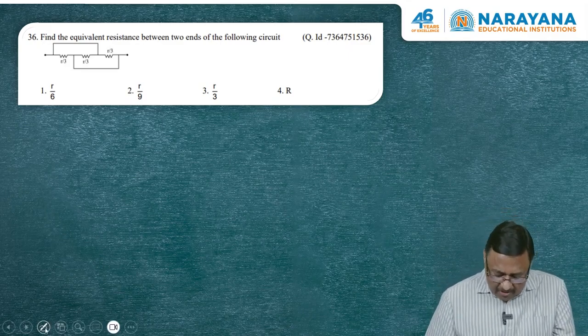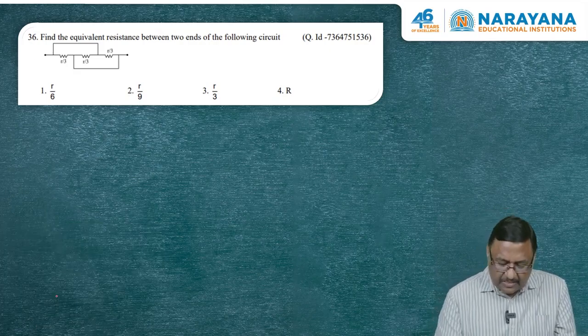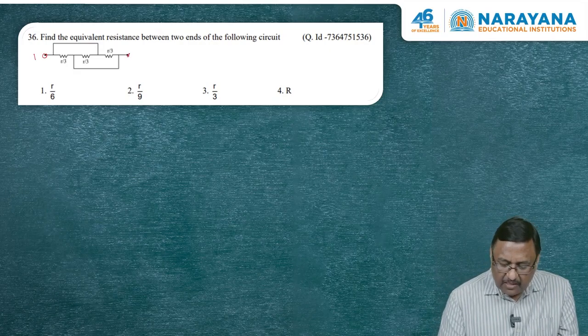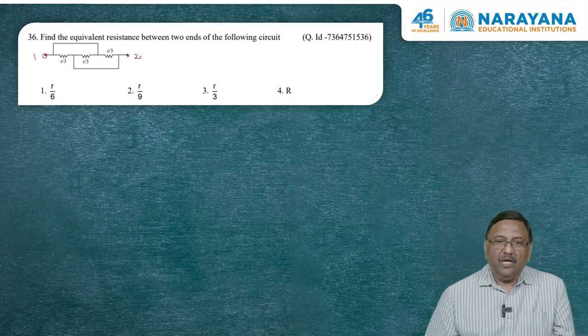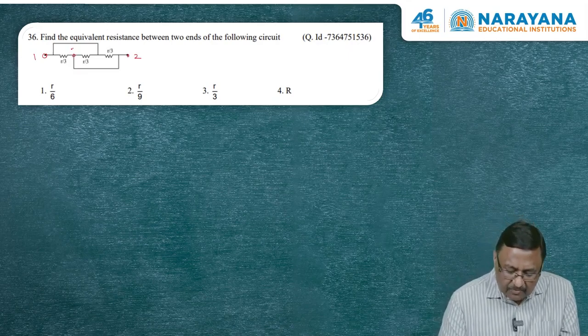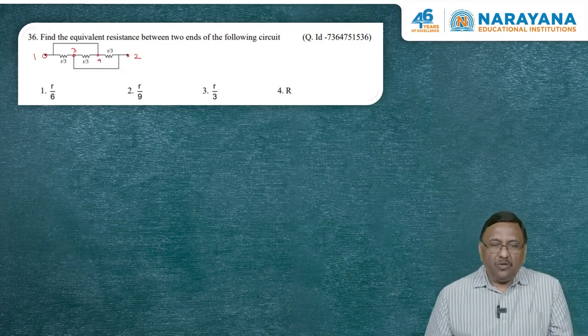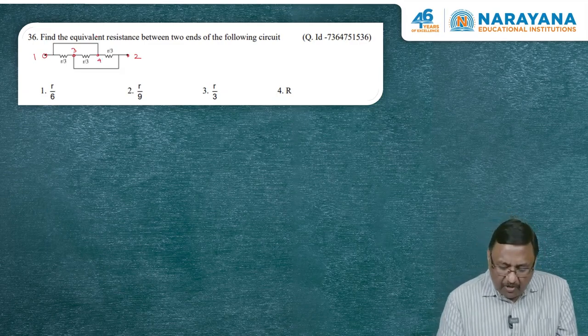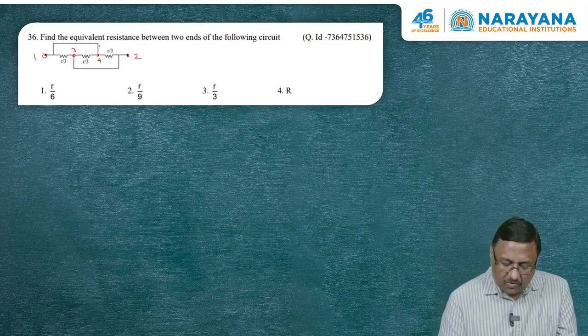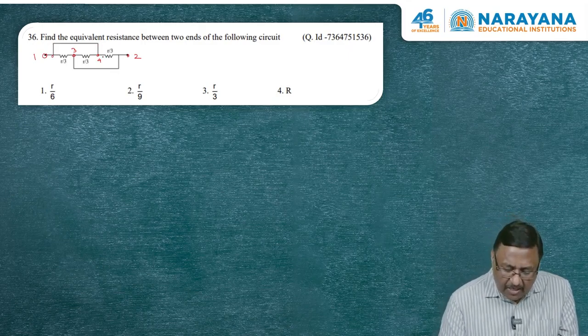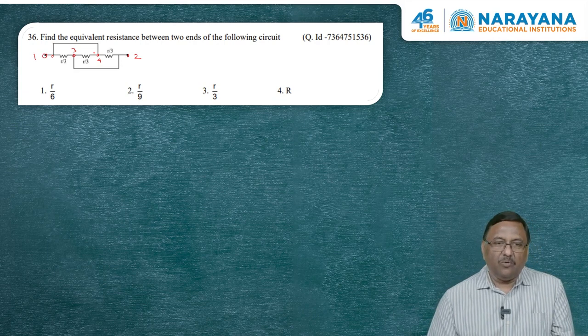If I am looking for these two ends here, so let me say this is the end number 1 and I say this is the end number 2. If I take these 2 points somewhere here, it is 3 and I choose this as point number 4. You know, this upper wire between 1 and 4 is a resistance less wire. There is no resistance over here. That means the potential of 1 and potential of 4 are going to be equal.